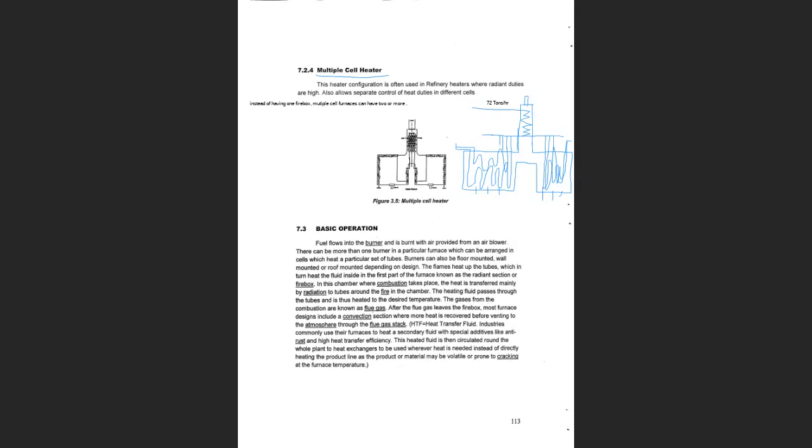So yeah, it says here briefly that in this kind of heater, guys, the heater configuration is often used in refinery heaters. You can also use it in cracking and reforming furnaces. هذه الكراكنج والريفورمينج اللي يصير فيها تفاعلات كيميائية.